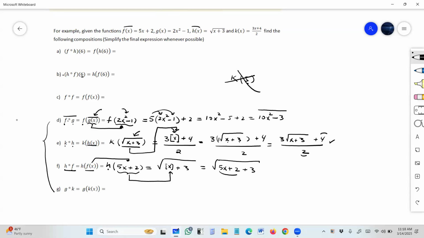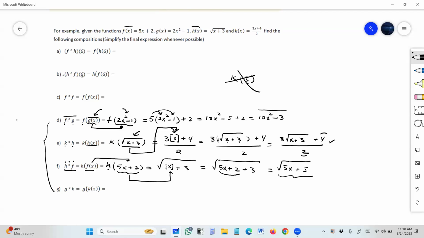So this is my previous f function. And now if I can simplify, I can certainly add the two numbers, 2 and 3. So this is going to be 5x plus 5. So the composition H compose F is square root of 5x plus 5. And I cannot simplify any further, so it stays that way.